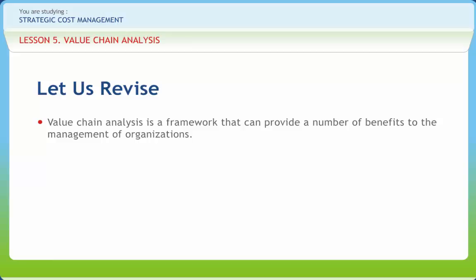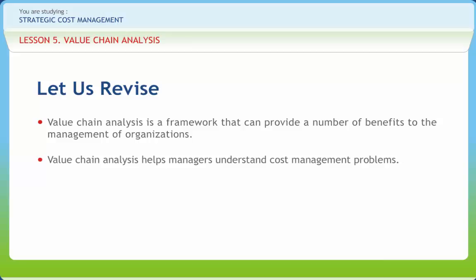Michael Porter's seminal work in strategic management explains the fundamentals of how organizations compete. This analysis can help managers of these organizations to identify linkages between value activities within the organization and to think in terms of process rather than function or department. Value chain analysis helps managers understand cost management problems.